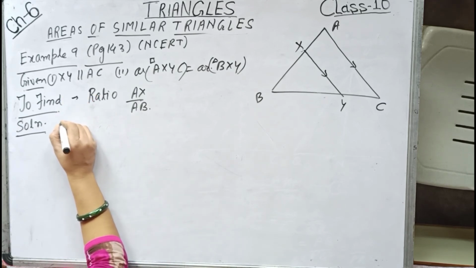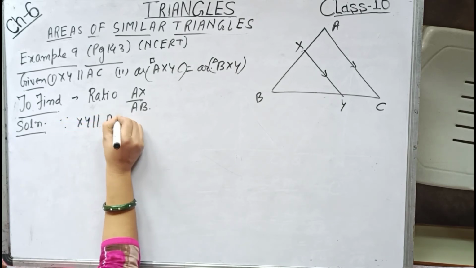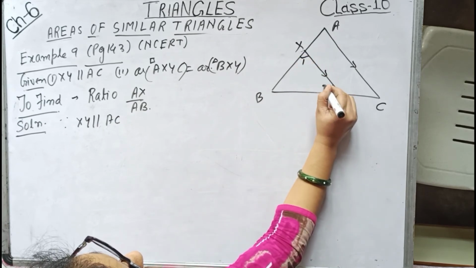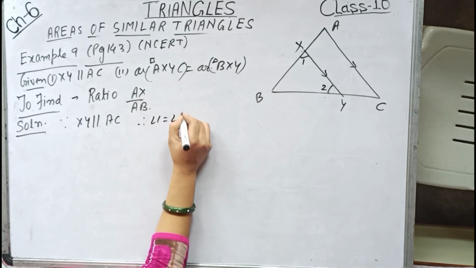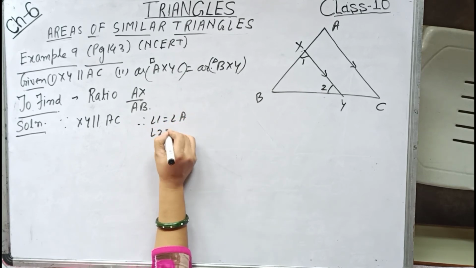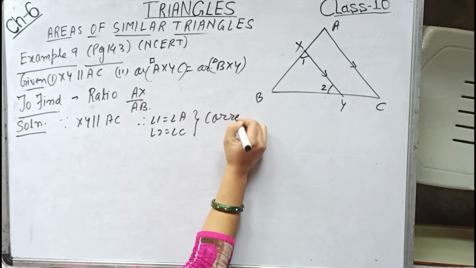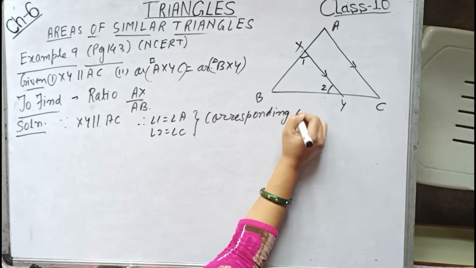So since XY is parallel to AC, therefore angle 1 equals angle A and angle 2 equals angle C, because of the corresponding angle axiom.